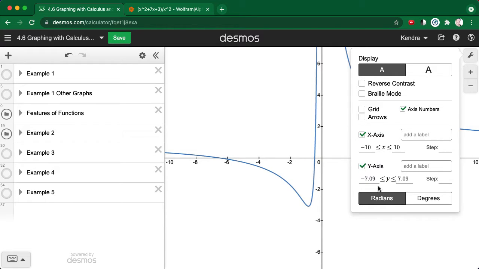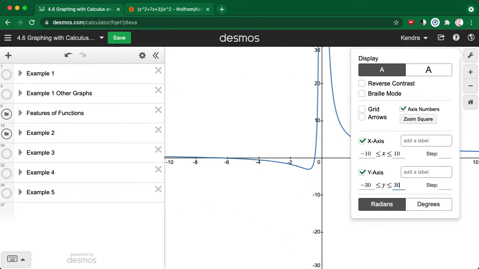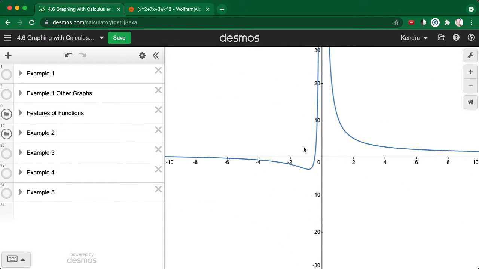Okay, so if I change my y range to this, then in this case my y unit is much shorter than my x unit, and so this gives me a different range.